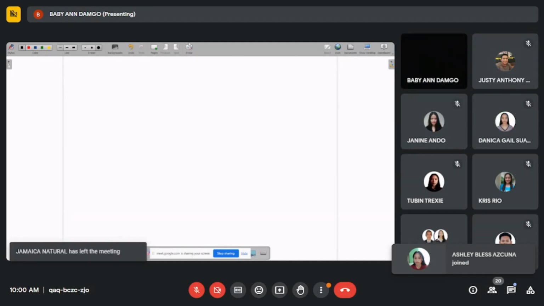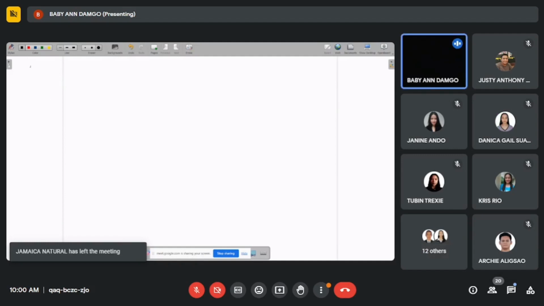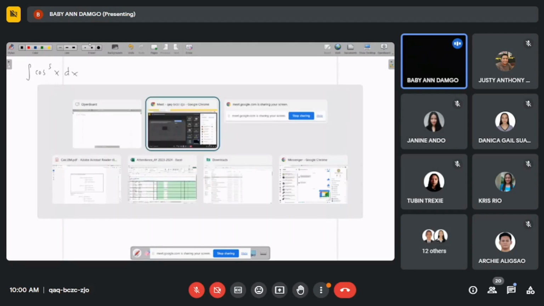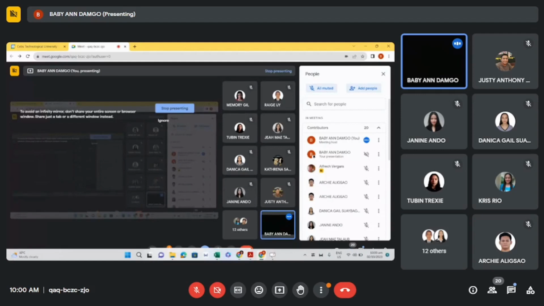We have here the integration of cosine to the fifth x dx. Okay, so I will give you 10 minutes to solve this. So time check, it's 10 o'clock. So balik ta at 10:10.